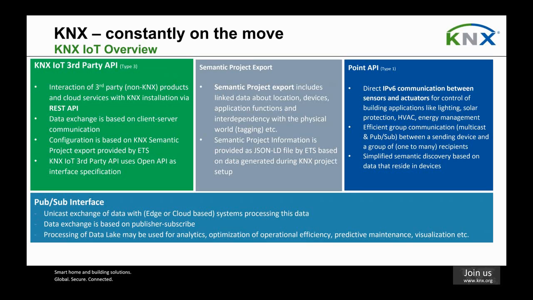So it's a possibility for non-KNX products and cloud services to access data from a KNX installation via a manufacturer-independent REST API. The data exchange is based on client-server communication, meaning that to hook into the data, you need a KNX IoT third-party gateway.